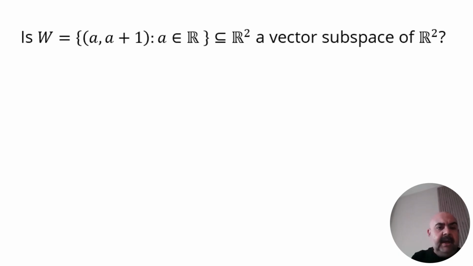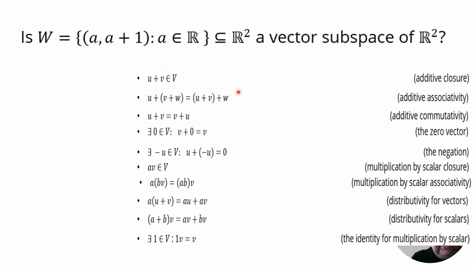Let's check if the set of (A, A plus 1) represents a subvector space of R2. Let's check at least the three conditions: the zero existence, the addition closure, and the multiplication by scalar.